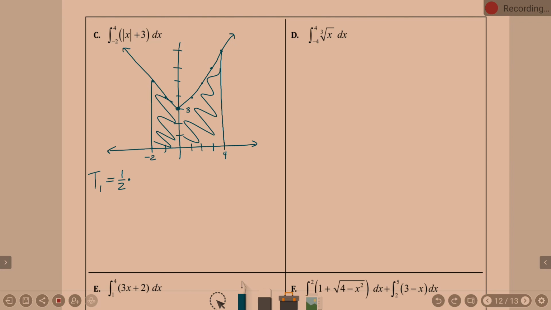The 5, and then that's in parentheses plus 3, times 2. Okay, so 1/2. The distance between your bases is 2, and the bases are 5 and 3. So that first trapezoid is going to be 8.